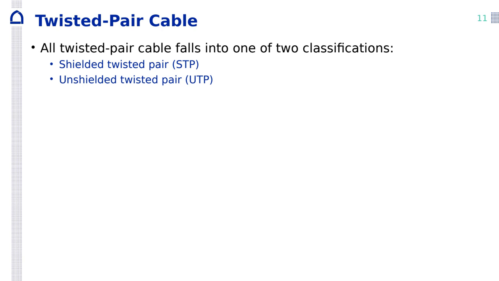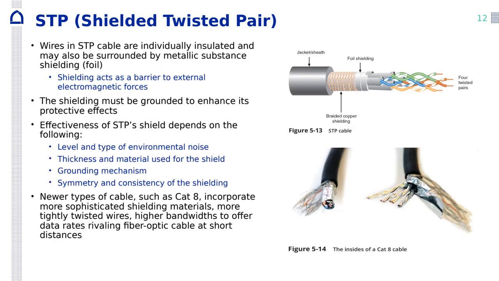And there are two types of twisted pair: shielded twisted pair or unshielded. Unshielded is the one that you have here, the thin one. This is the shielded. It is thicker. And why do we shield it? Because the shielding acts as a barrier to external electromagnetic forces.